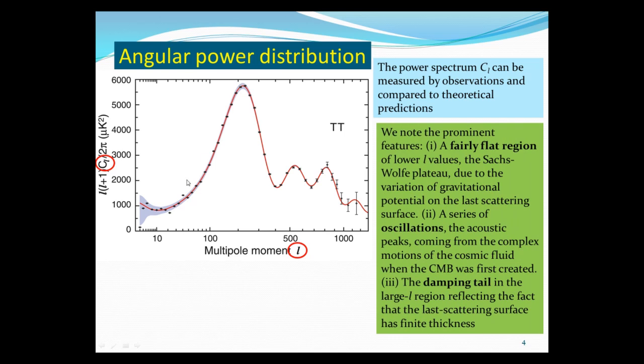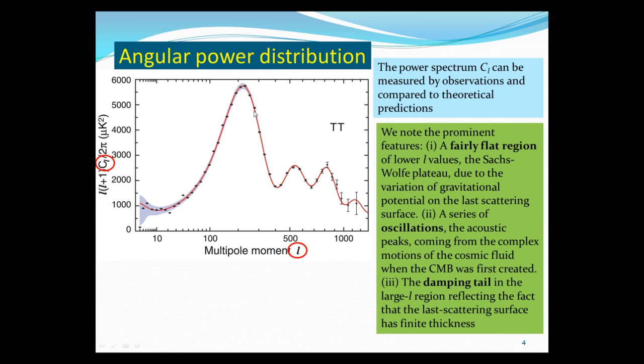We note the prominent features. It's very flat at low l values, with l ever increasing. For low l, this is the so-called Sachs-Wolfe plateau, due to the variation of gravitational potential, which should be a very smooth dependence at the last scattering surface.